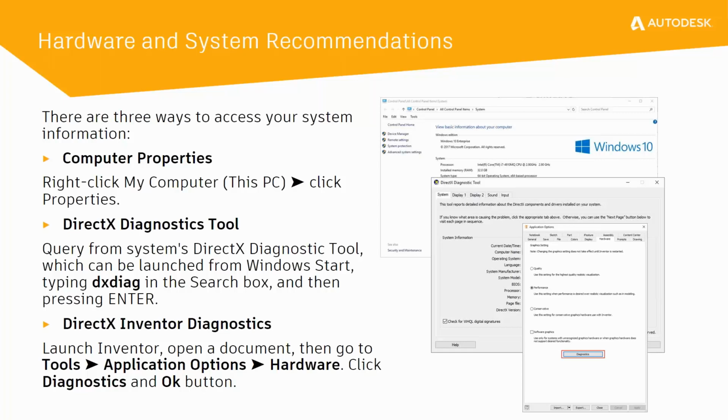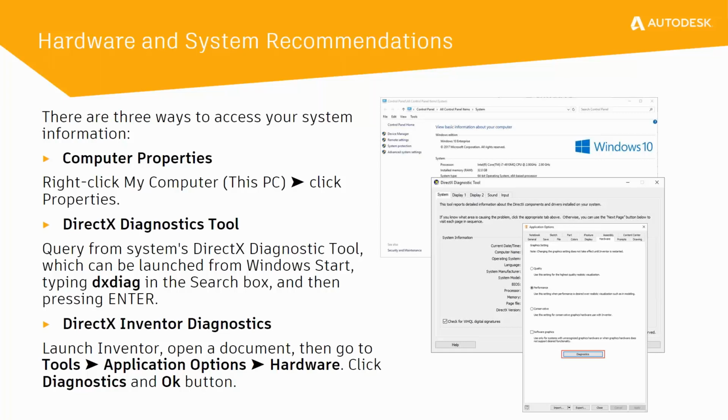You can investigate also using the DirectX Diagnostics tool, and this is available from the Start menu. You just do a quick search for DX Diag, which is DirectX Diagnostic, and then press Enter, and that should open up a diagnostic tool that can give you similar information, but then some further information that's specific to the DirectX system.